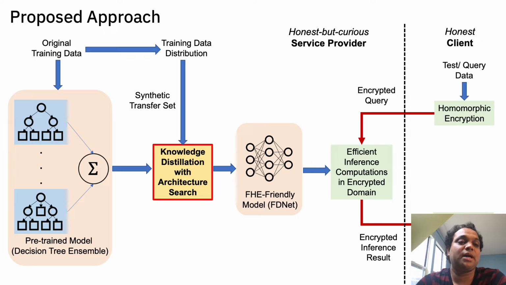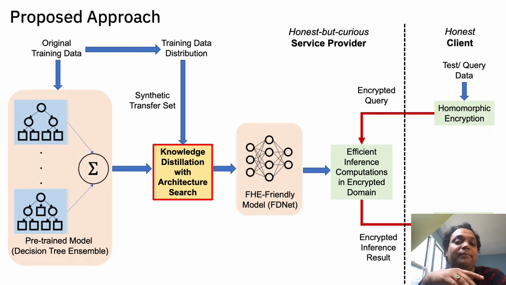So our proposed approach is summarized in this slide. Firstly, we have the original training data set, which was used to train what we call the pre-trained model. It's basically a decision tree ensemble model.